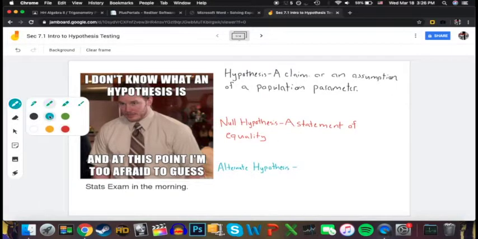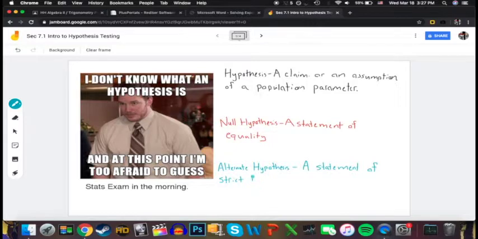And an alternative hypothesis is essentially the complement to it. So you still have a statement in mind, but this time rather than being of equality, it's going to be of strict inequality. So something where it could be not equal to, it could be less than, or it could be more than a particular value that you're working with.